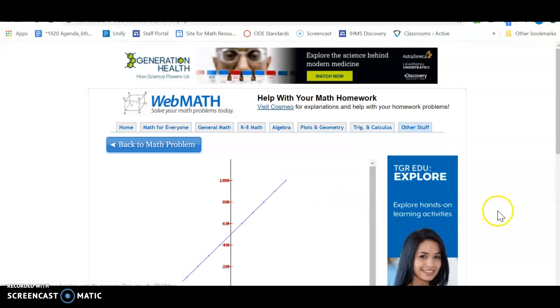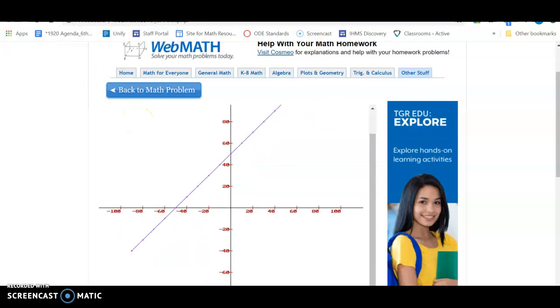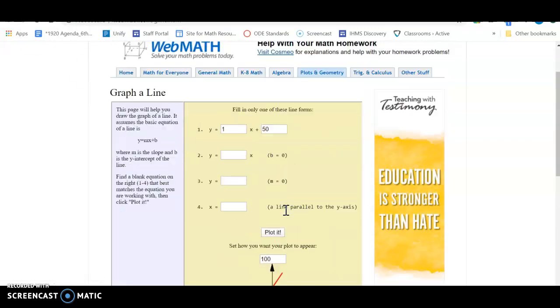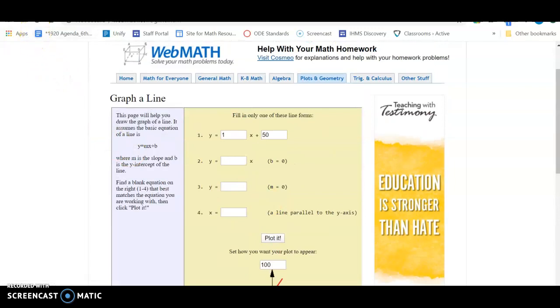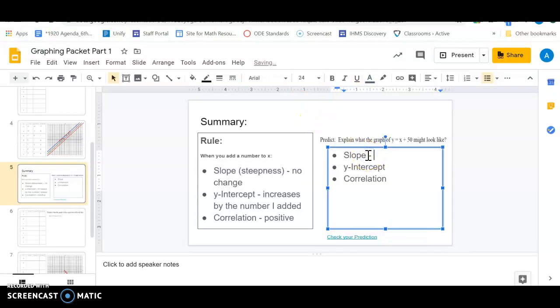And if we look, we can see, oh, look what happened. It crossed the y-axis at 50, but the slope hasn't changed from the mother line. So if you wanted to, you could go back to check your line, but I'm going to go back now and look and see what happened to the slope.